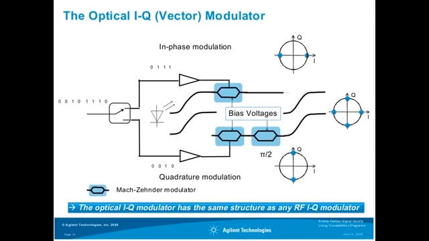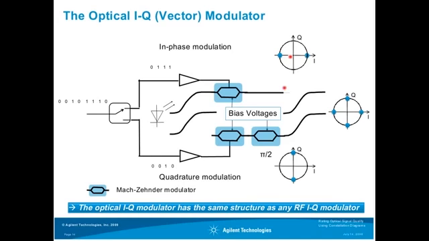And in the optical world, the modulators are represented typically by a Mach-Zehnder interferometer on the in-phase and on the quadrature modulation path. Now we need, in addition, the 90-degree phase shift part, and this is also mostly realized as a Mach-Zehnder interferometer, which is biased accordingly.